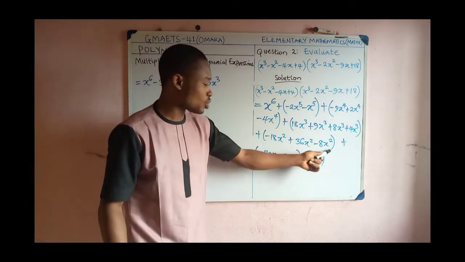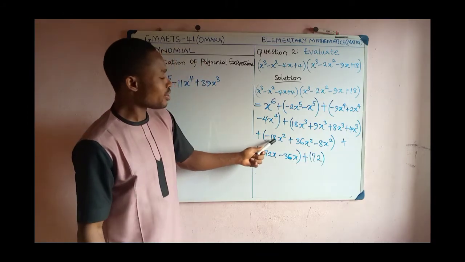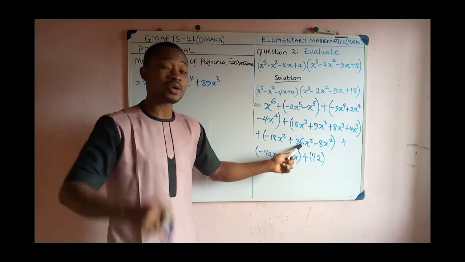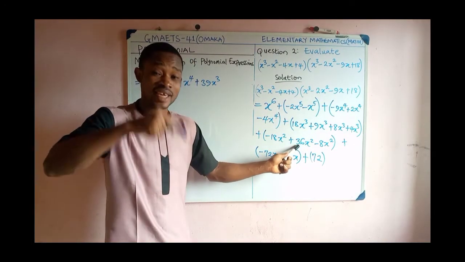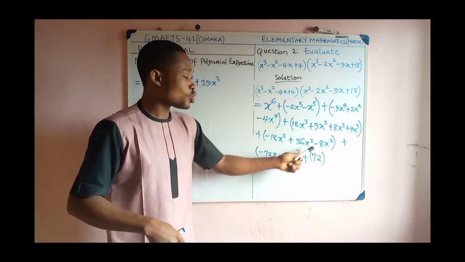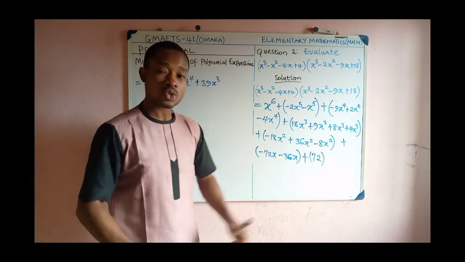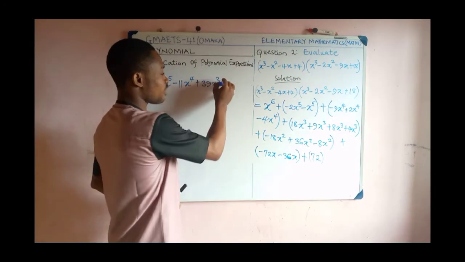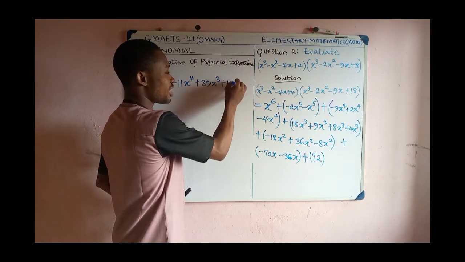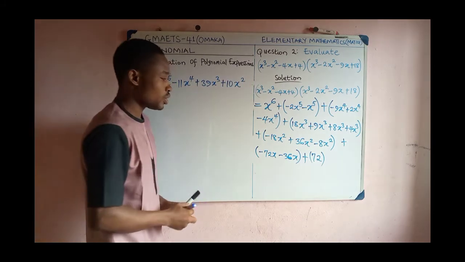Terms in x raised to power 2, let's check. Minus 18x raised to power 2 plus 36x raised to power 2 would give us plus 18x raised to power 2. Now that 18x raised to power 2 minus 8x raised to power 2, 18 minus 8 will give us 10, so that is plus 10x raised to power 2.